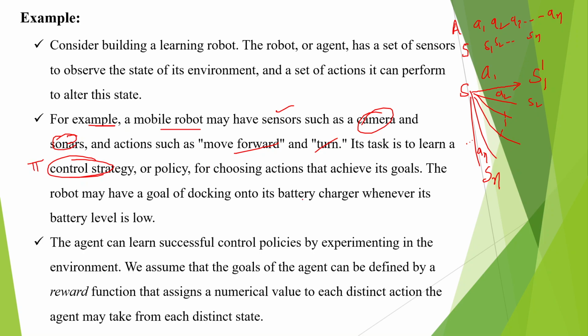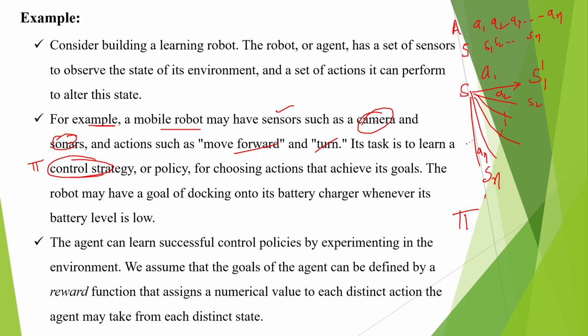Okay, so the task is to learn a control strategy pi, which will select the best action from this action set. Whenever the agent is at a particular state S, how will it change its state? By performing the correct action, isn't it? The action which will give the maximum possible reward. And how will it select that maximum reward giving action?